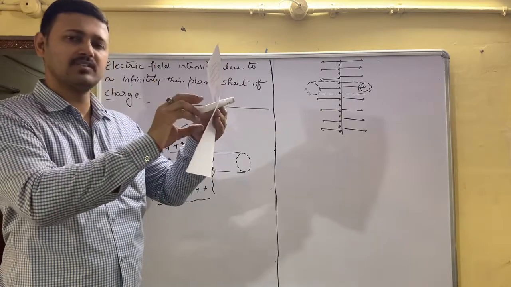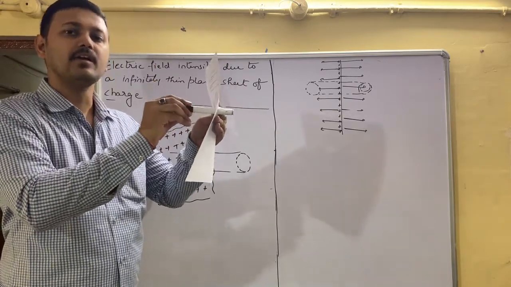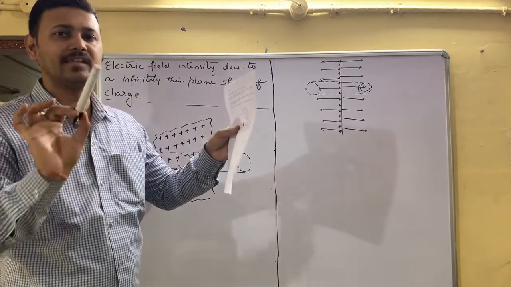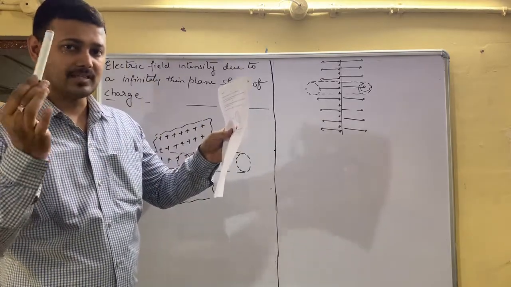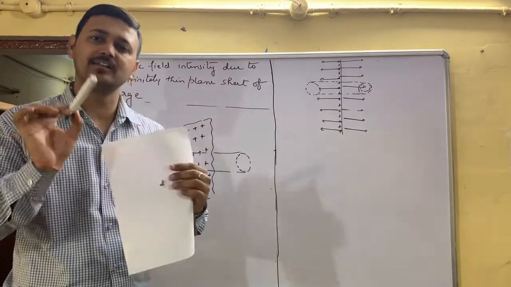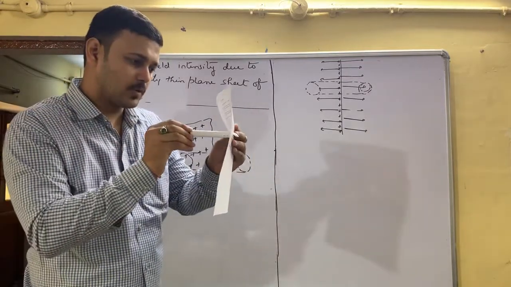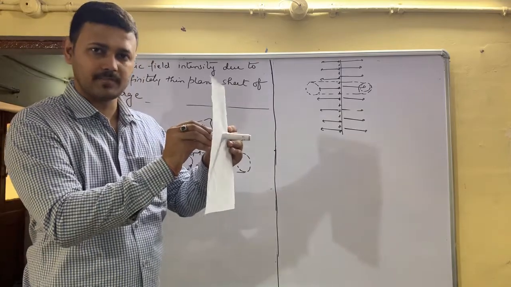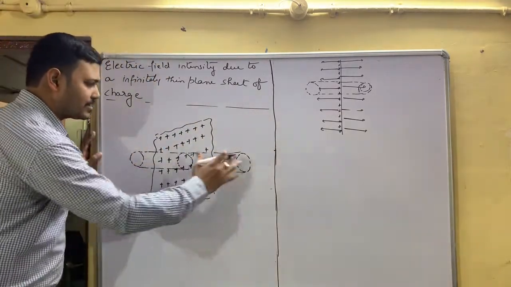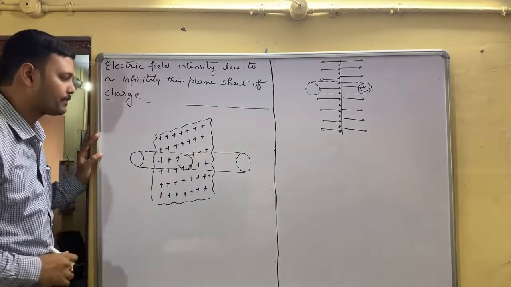Now suppose if this pen is hollow inside, and if this plane sheet is carrying n number of charges, then this cross-sectional area will be carrying the charges which will go through this one. Am I clear?